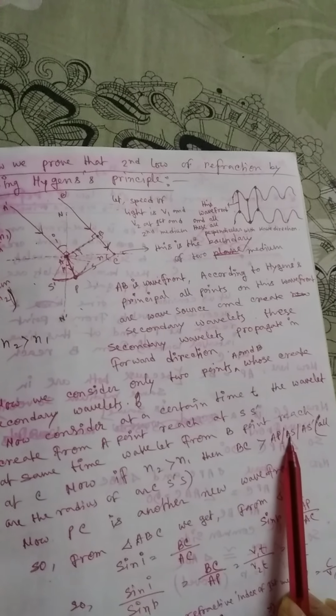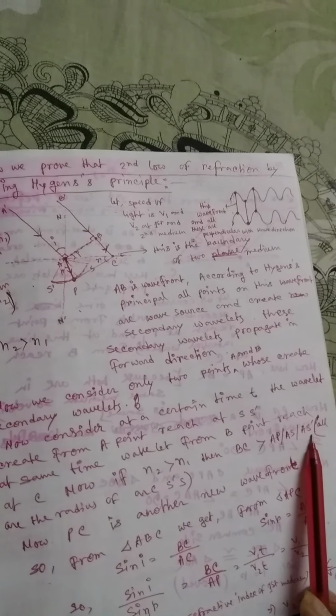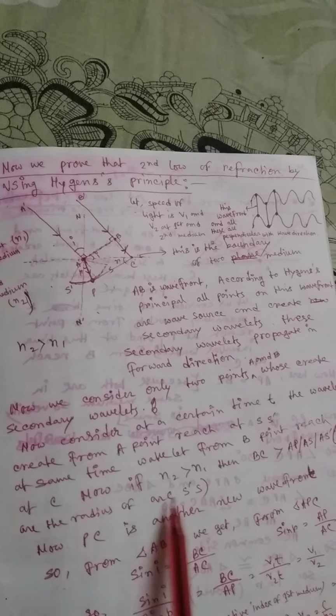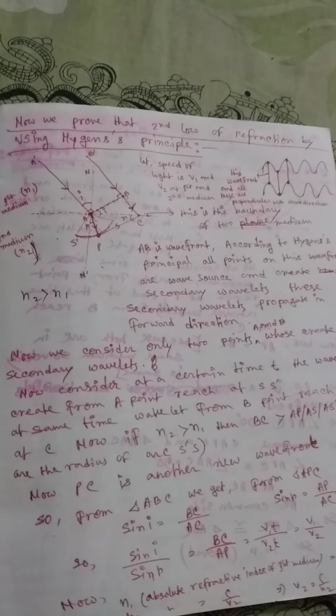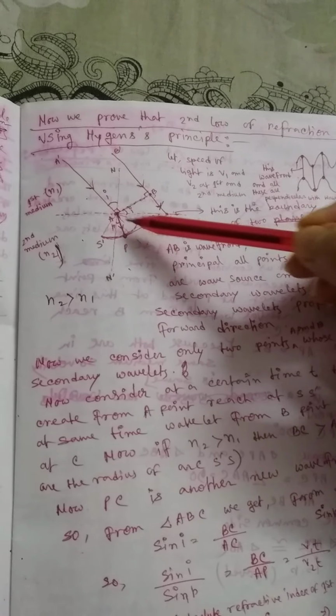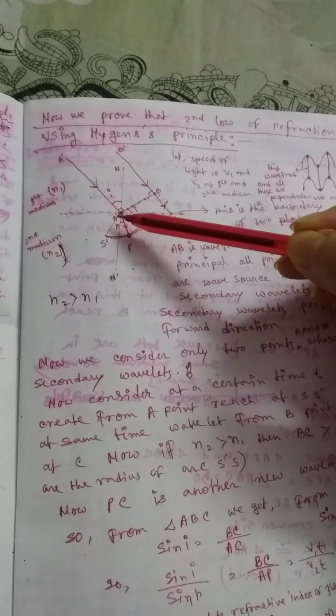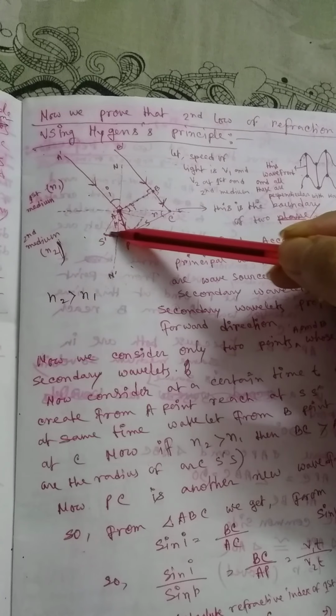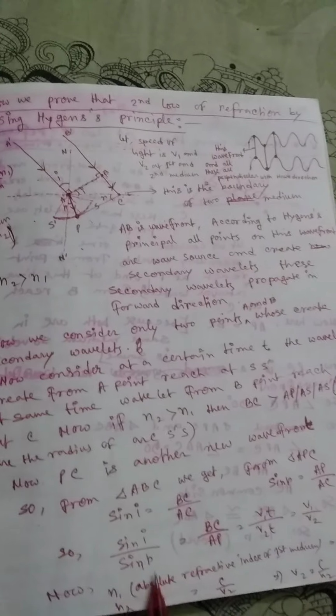So AS, or we can say AS dashed, all are the radius of arc S dashed S. All these, AP, AS, AS dashed, are the radii of these secondary wavelets, right?